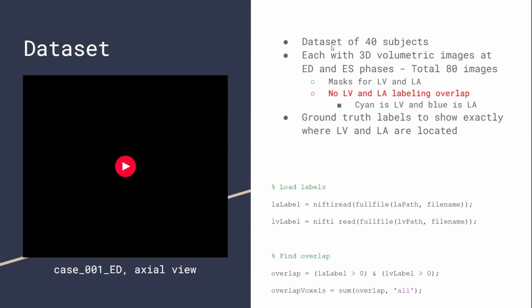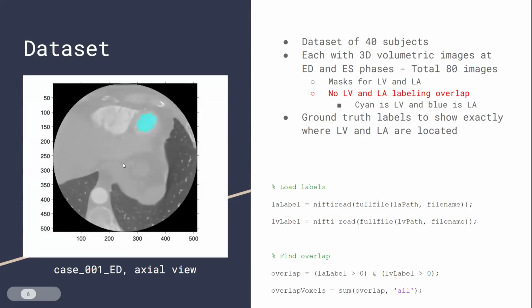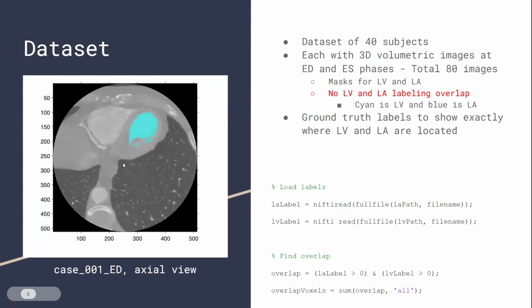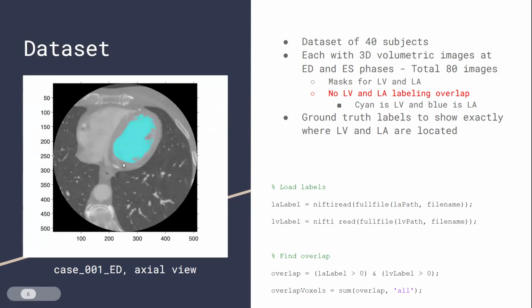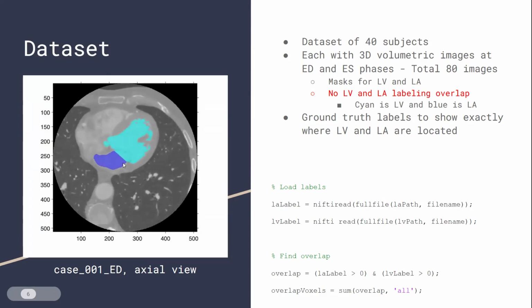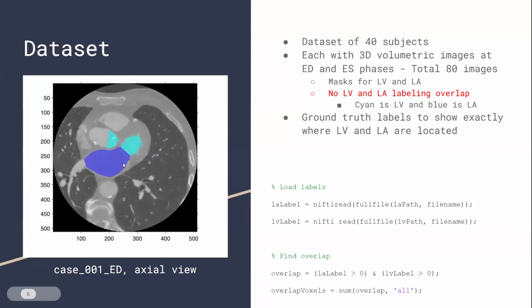Ground truth labels were made to show exactly where the left ventricle and left atrium were located. In the images, the cyan color is labeling the left ventricle, and the darker blue color is where the left atrium would be shown over time in the scans.